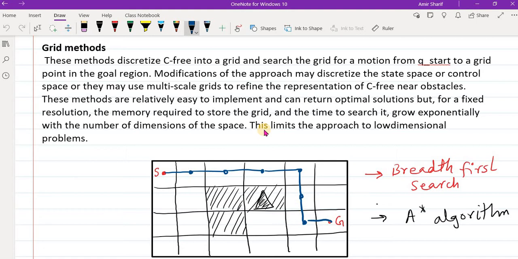But for a fixed resolution, the memory required to store the grid and the time to search it grows exponentially with the number of dimensions of the space.